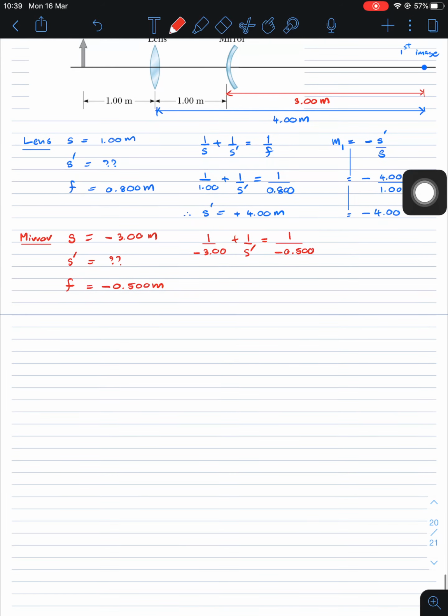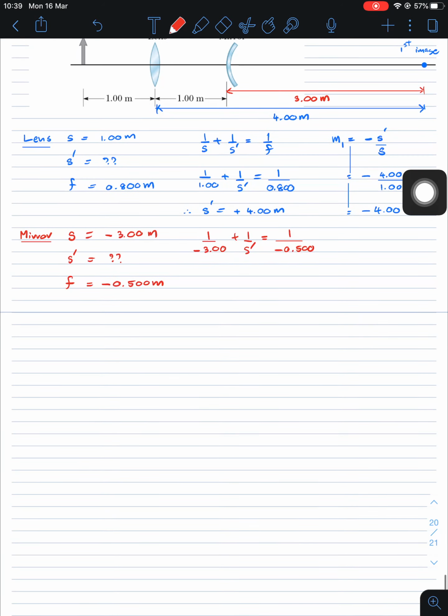Now with this you can get that the S prime is going to be equal to minus 0.600 meter.